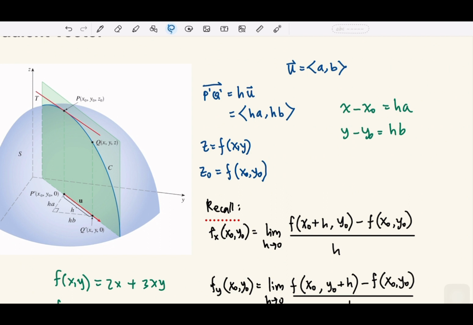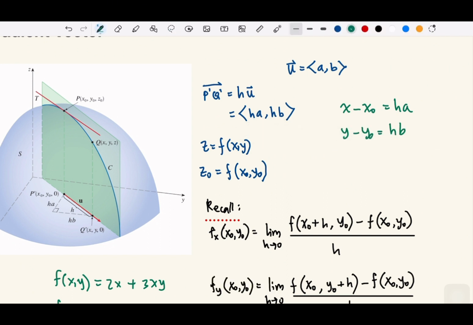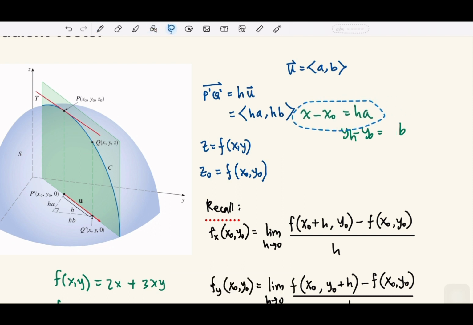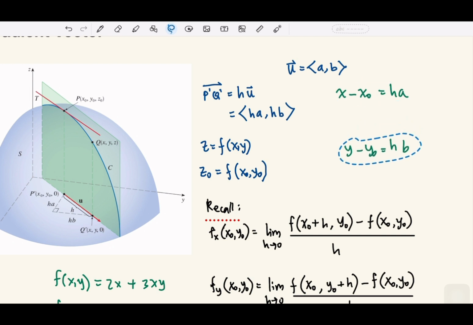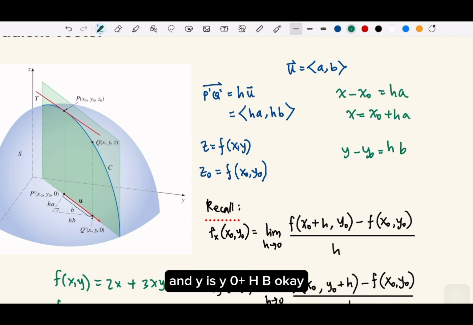Let me rewrite this so we can write that x is x0 plus HA and y is y0 plus HB.